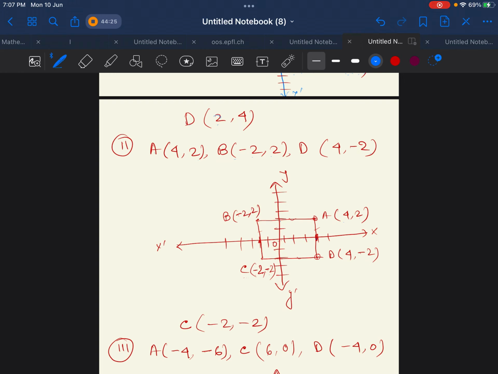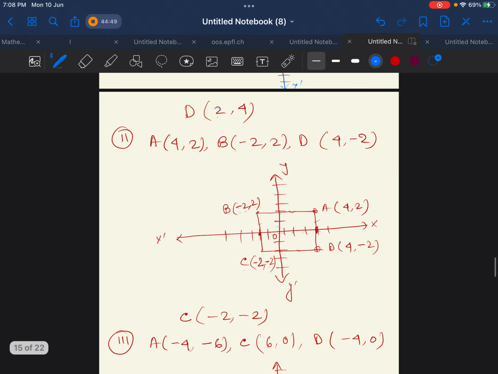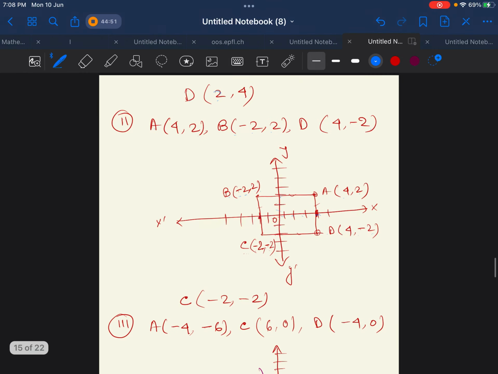This is the point A. B is minus 2, 2, the abscissa is minus 2 and ordinate 2. This point is B. D is 4, minus 2. So the point D is located at 4 on x and minus 2 on y.